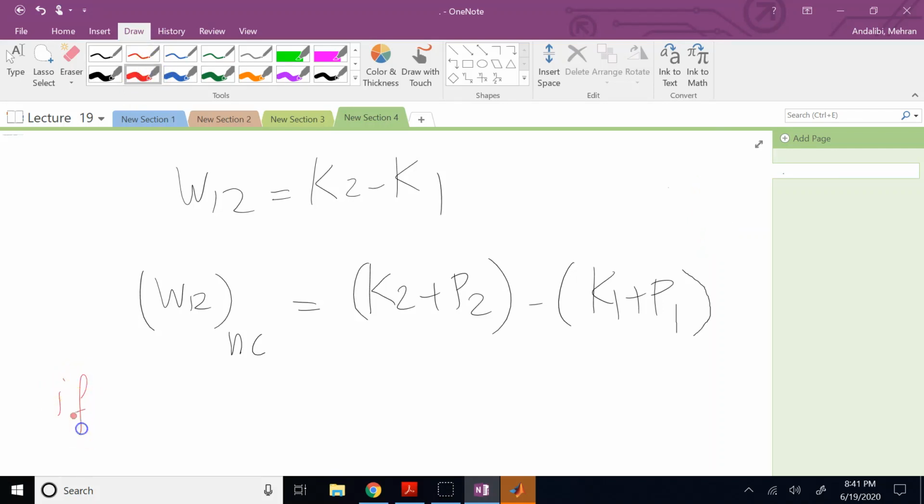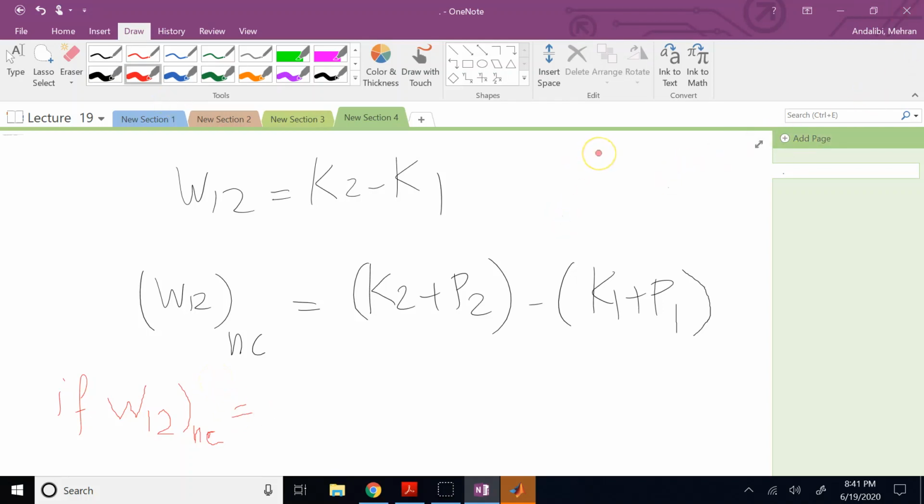So if this is 0, for some reason my pen does not act properly. So if this is 0, oh gosh, that's really hard to do.